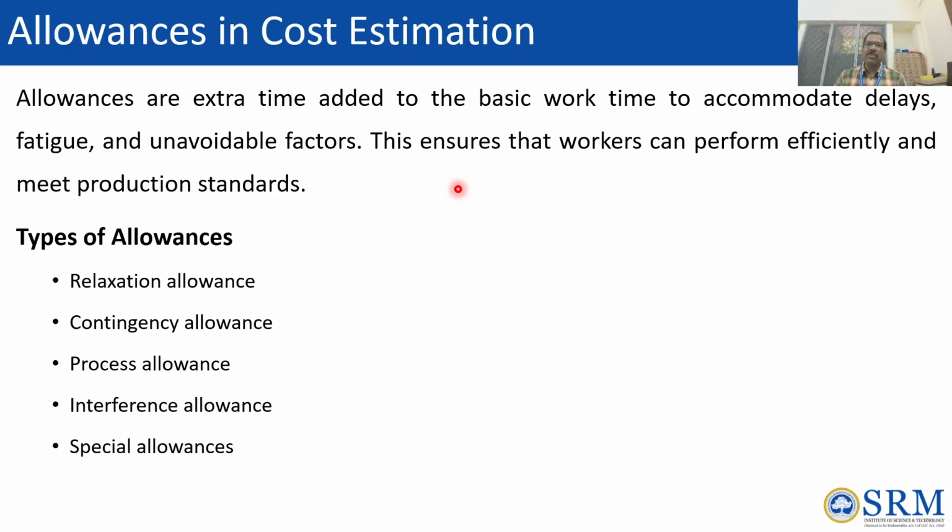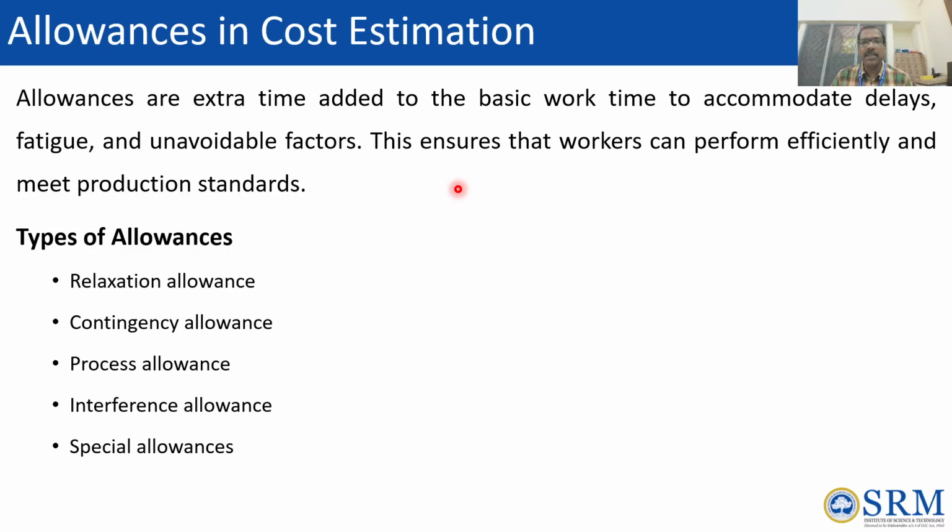But that hour calculation cannot be given without providing any allowances. He cannot work continuously from morning 8 to evening 5 p.m. Humans cannot do that, so they need some kind of allowances, right? So those allowances need to be added.